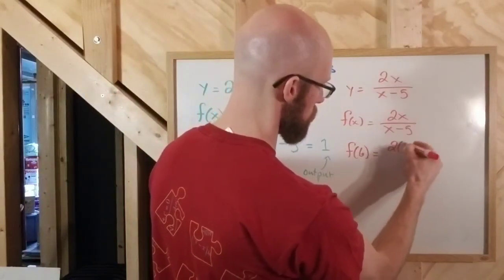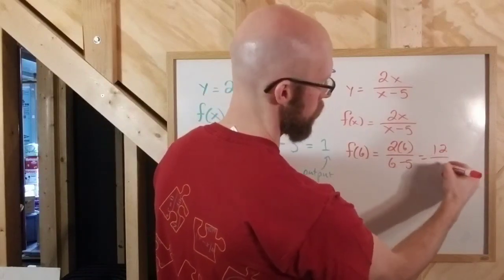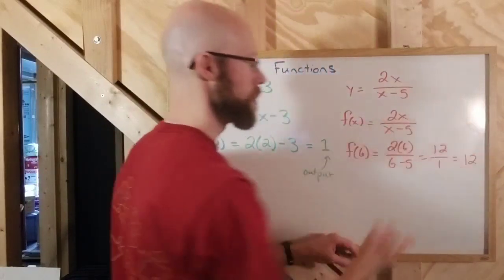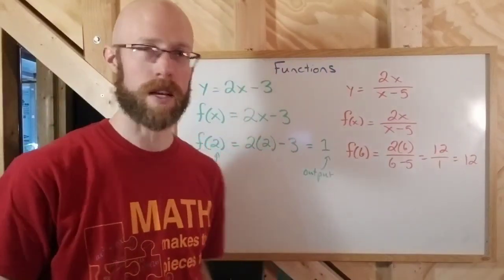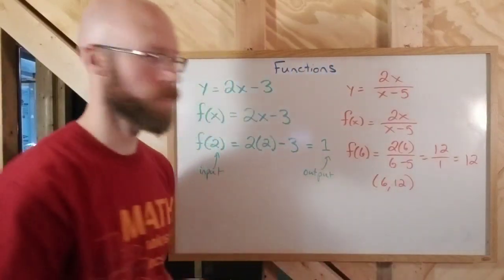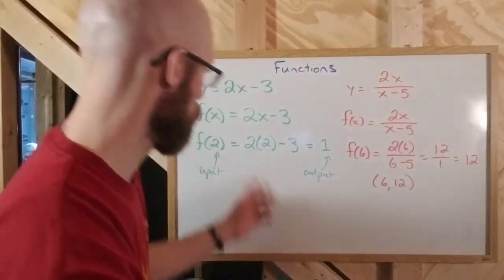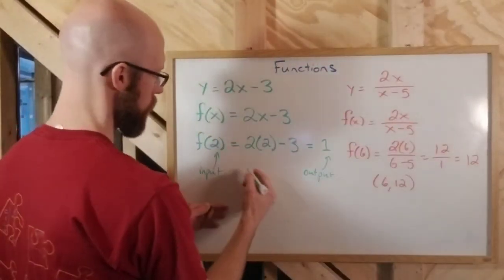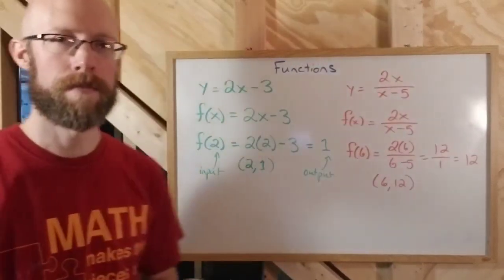I get 2 times 6 over 6 minus 5. That's 12 over 1, which is 12. And here I have the input and the output immediately accessible to me. I could even put them in an ordered pair very quickly if I needed to. Okay? Over here, the corresponding ordered pair, and we already saw this, is 2, 1.